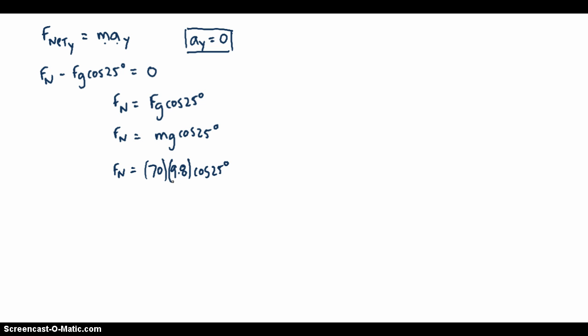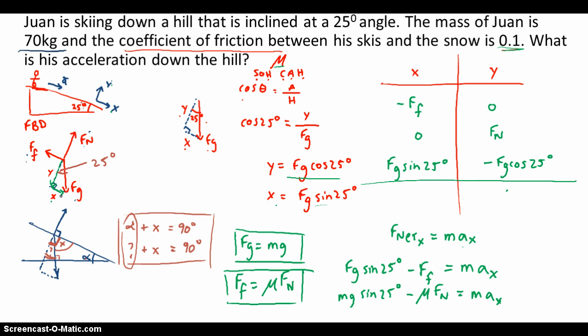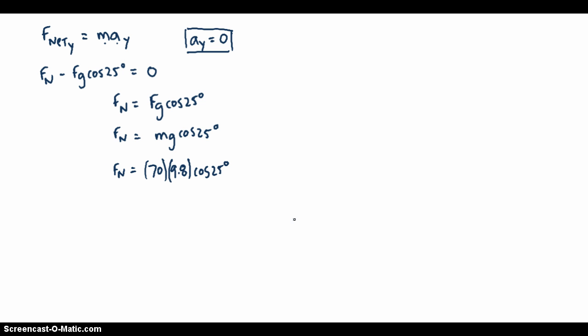Again, it's positive 9.8 rather than negative 9.8 because our negative is shown up here. We put our negative when we were drawing the direction of the force of gravity. Notice it was down, negative Fg. Put that in the calculator, you find it's 621.7.